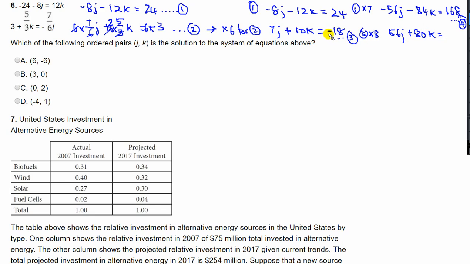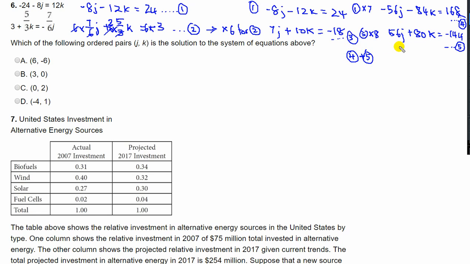Now minus 18 times 8 becomes minus 144. Now we call this equation 5. What you do is take equation 4 plus equation 5.